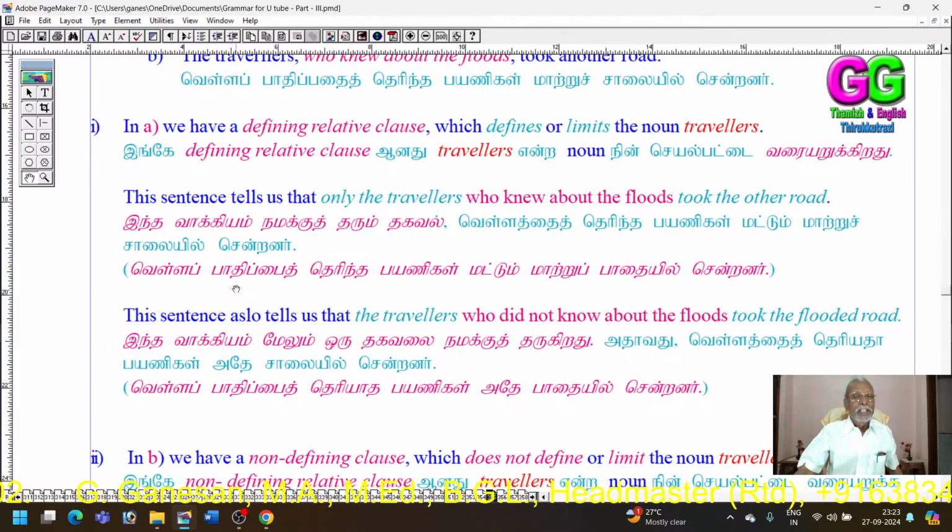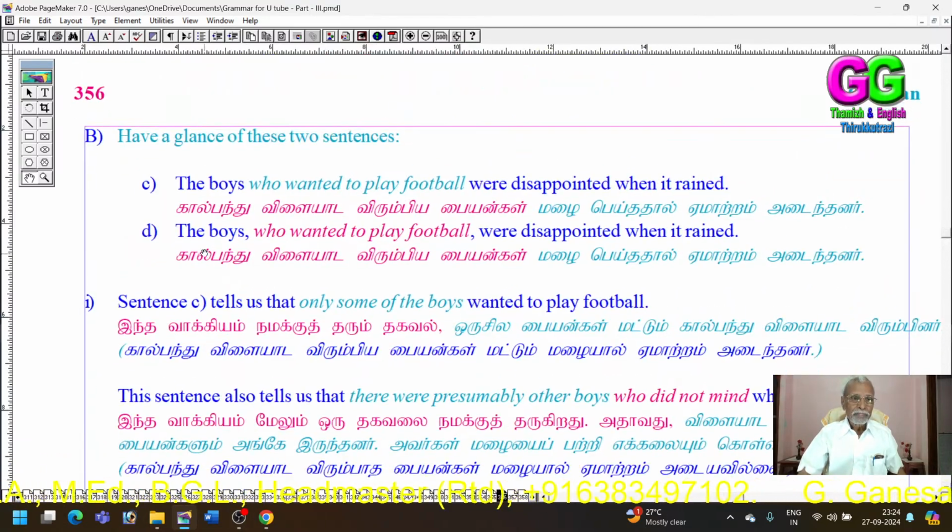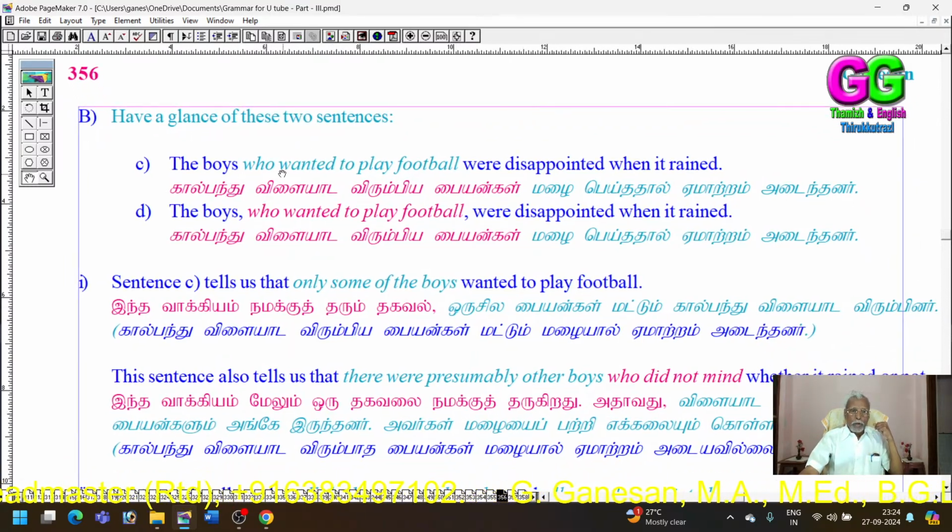Okay, so I am going to give two more examples. Have a glance at these other two sentences. The boys who wanted to play football were disappointed.